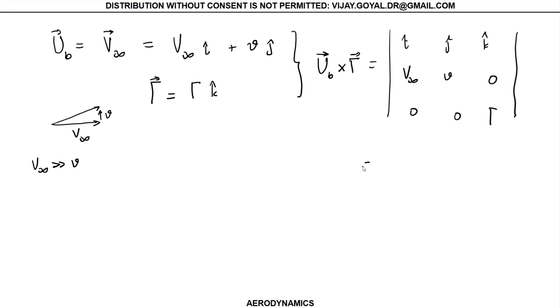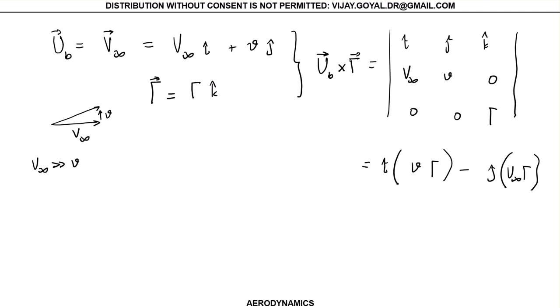So if we take this, this is i times v times gamma, and then I eliminate this, minus j gives me V infinite times gamma.